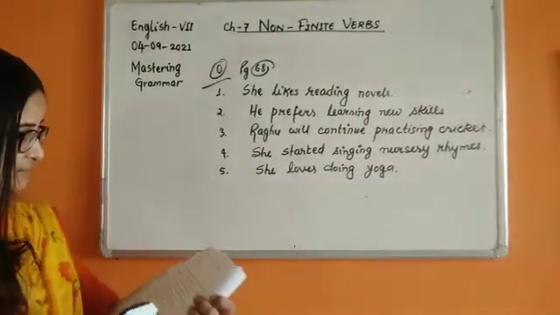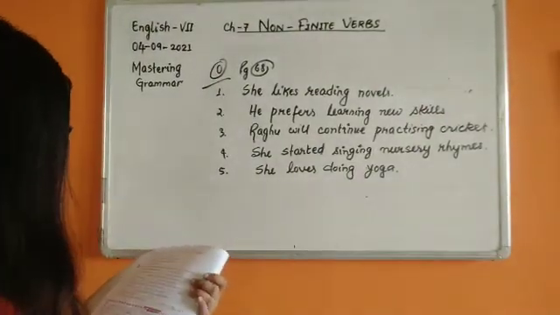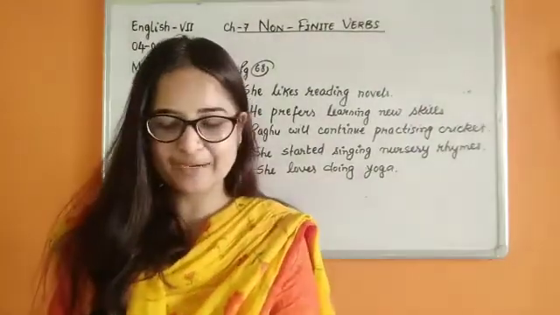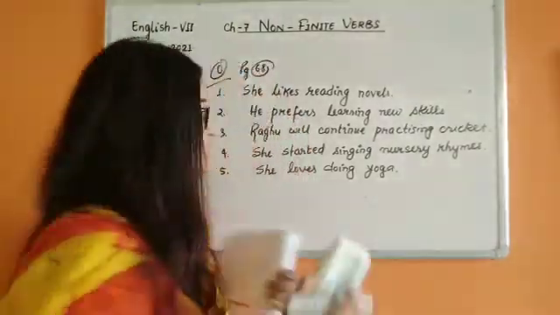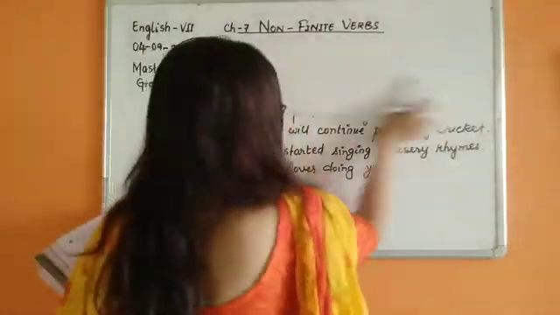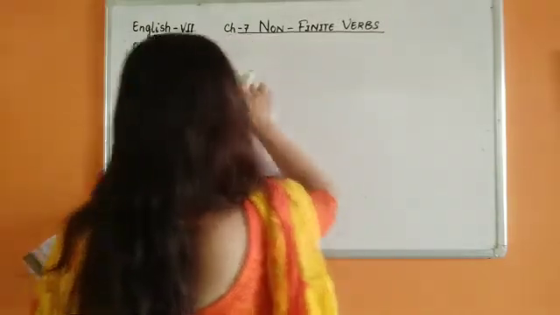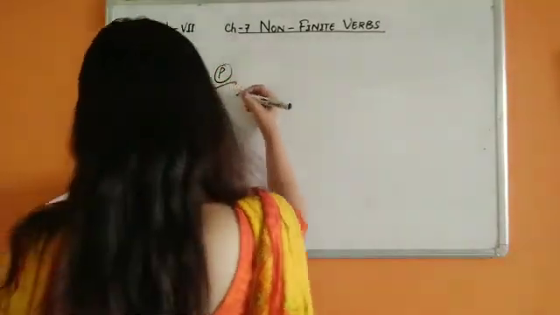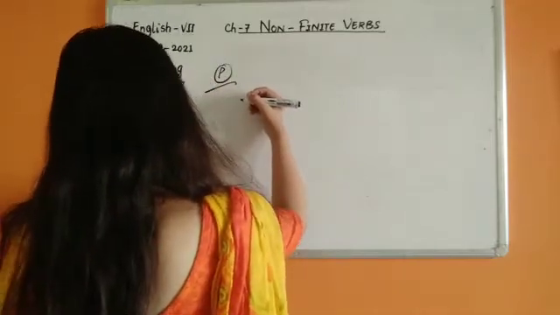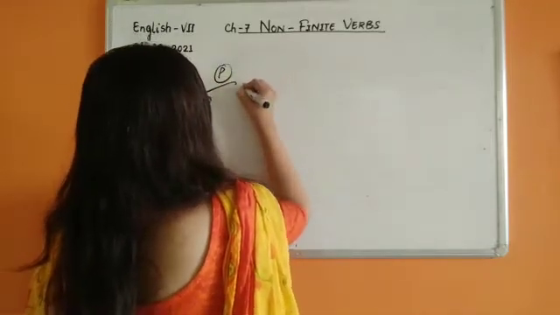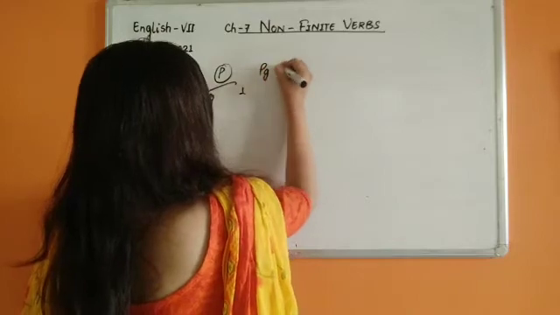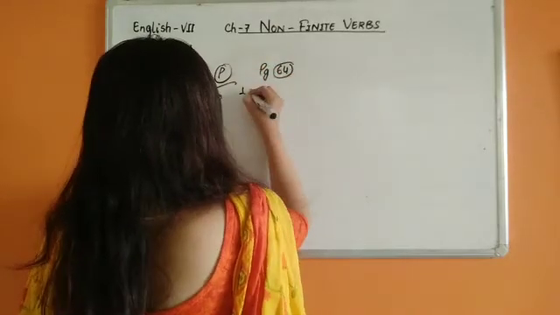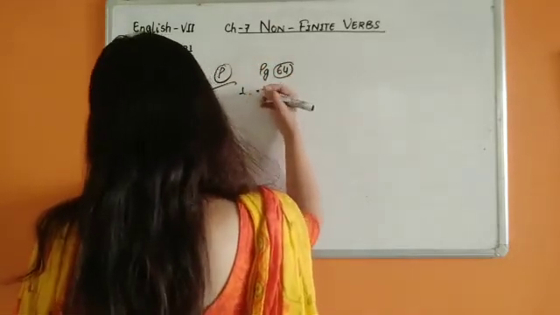Now we can move ahead with the last exercise of this chapter, P. Fill in the blanks with appropriate forms of the verbs given in brackets. William Shakespeare liked writing plays. Or we can even write, liked to write plays, right?